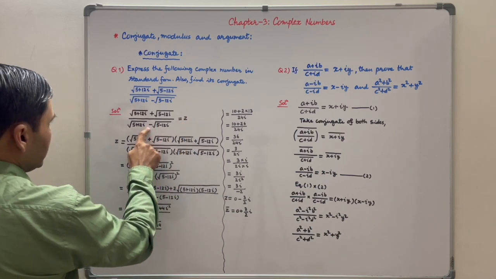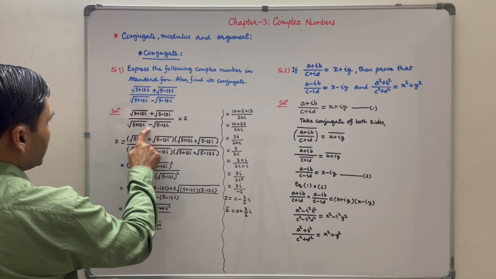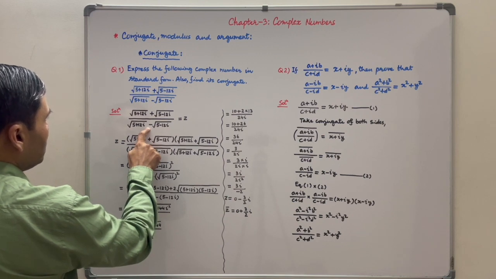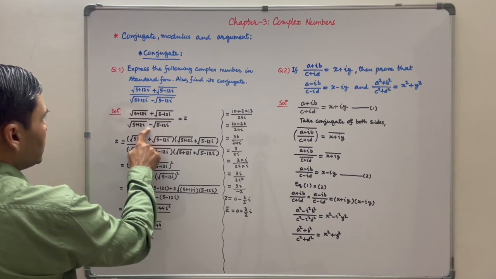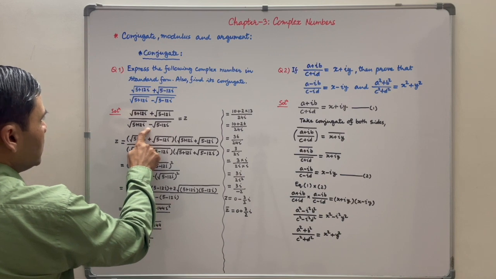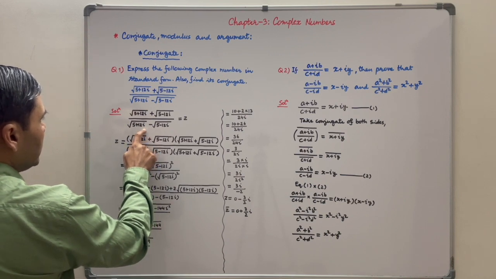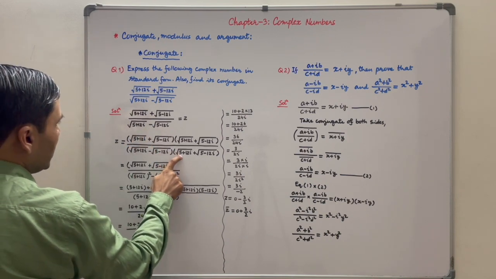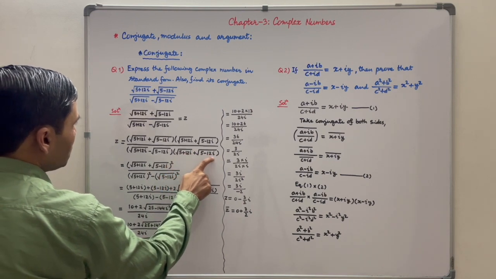First step to solve this is to rationalize the denominator. In our previous classes, we have learned that to rationalize the denominator, we need to multiply both numerator and denominator by conjugate of denominator. So conjugate of denominator will be equal to root 5 plus 12i plus root 5 minus 12i.